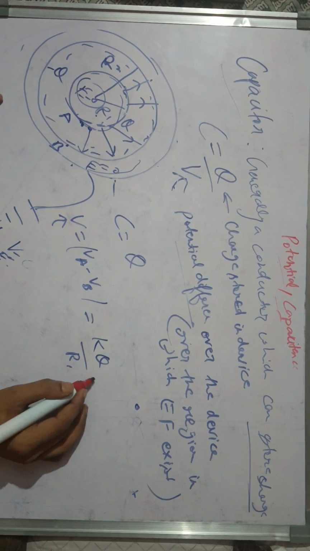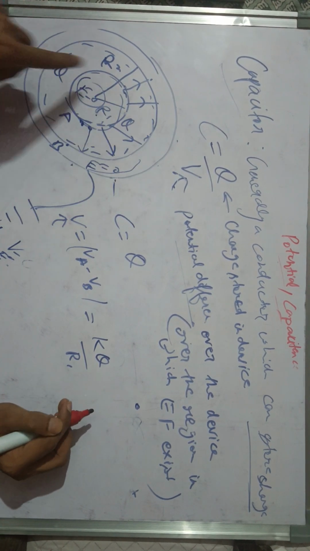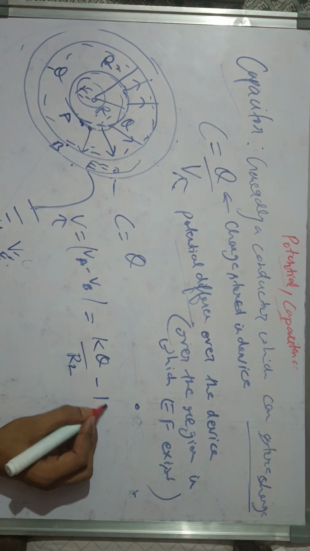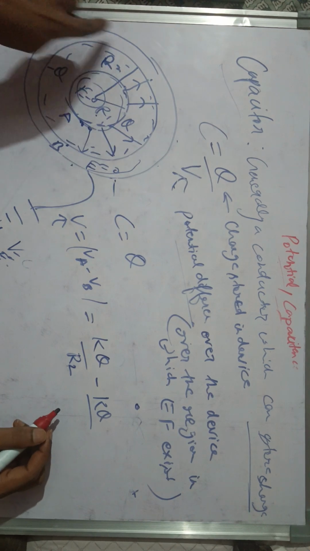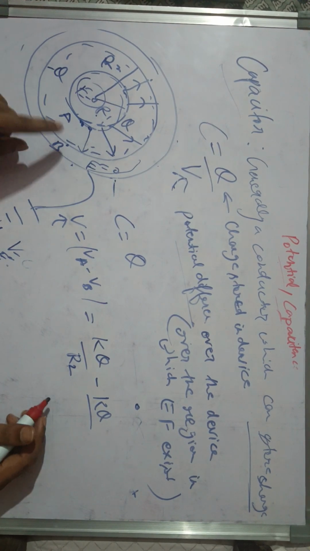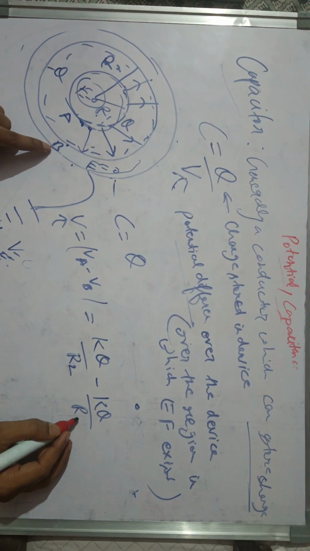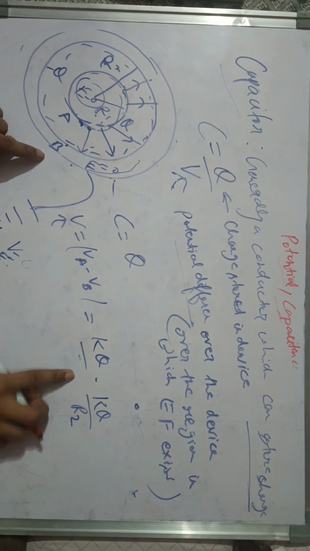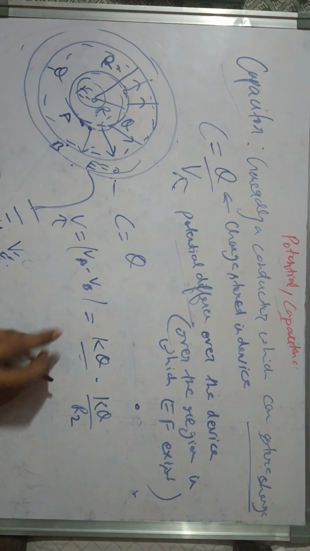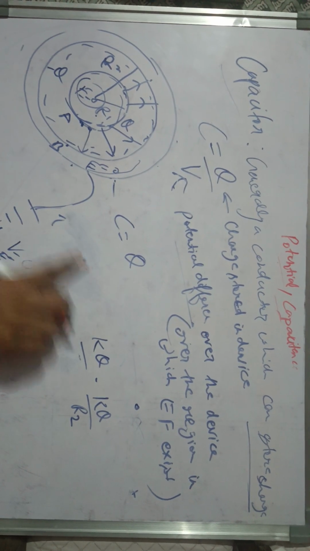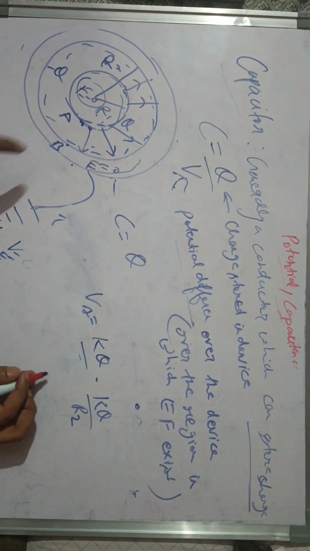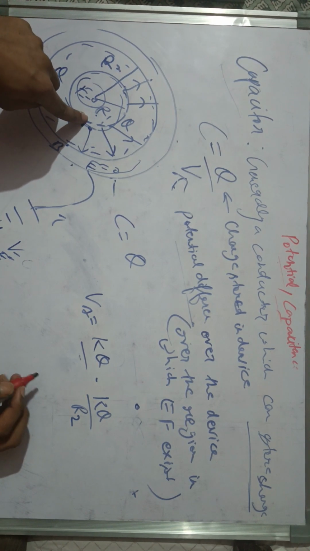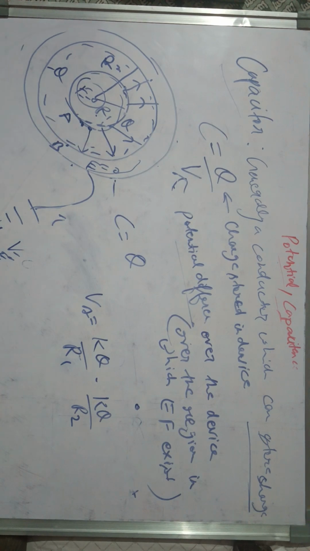Let's first find VA. The VA value, due to the inner surface charge, the potential at point A will be equal to KQ by R1.